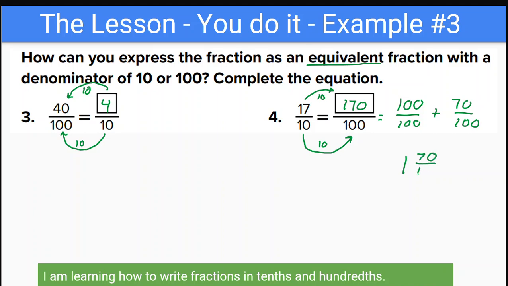So that's the same thing as 1 and 70 hundredths, or like $1.70. This would be a whole dollar because 100 pennies make a whole dollar, and this would be 70 pennies. You could also write it as 1 and 7 dimes or 7 tenths. All those things are equal. Kids, you're learning how to write fractions in tenths and hundredths.